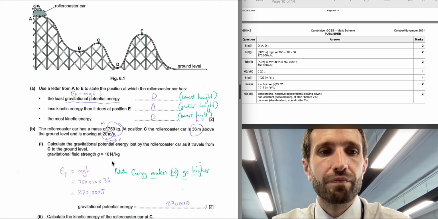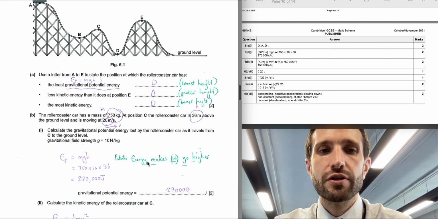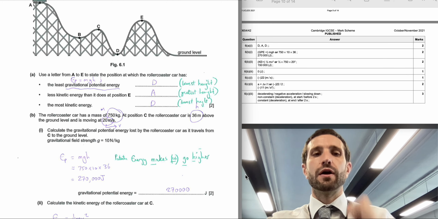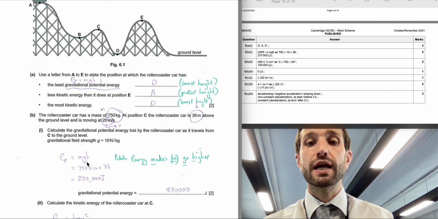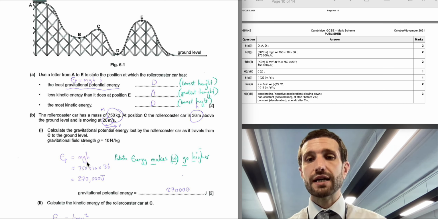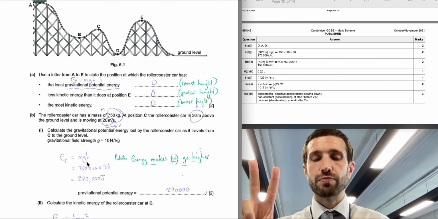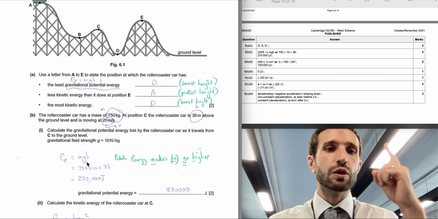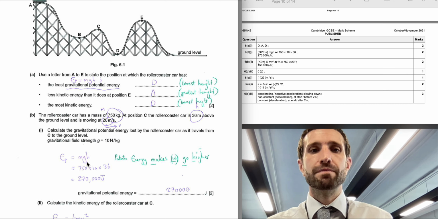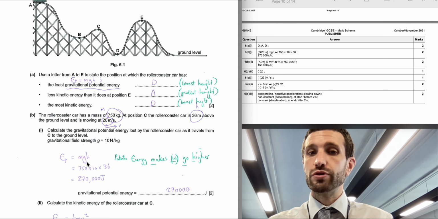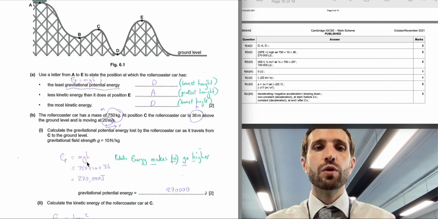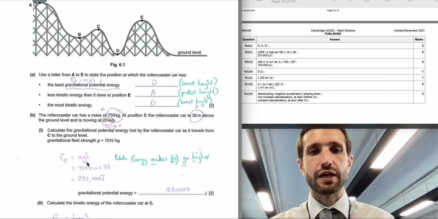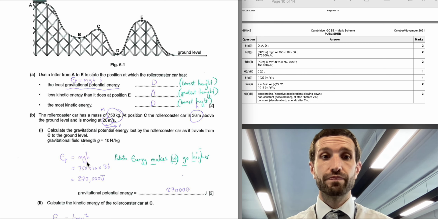Gravitational potential energy: potential energy makes us go higher, so EP equals mgh, one of the few equations in GCSE sciences which is not simply two variables multiplied together, it is three. But if you can do 2, you can do 3. We know our m is 750. We know g is 10, and you're told this. Don't use any other values for GCSE. And then we're told the height h, which is 36 meters. 750 times 10 times 36, we've got 270,000 joules.